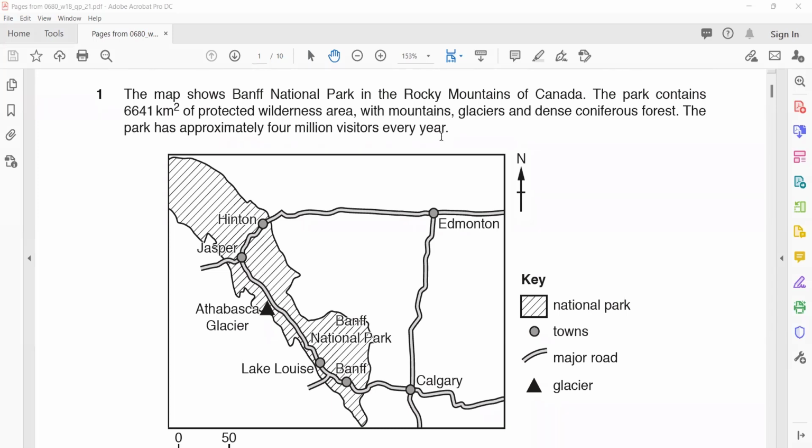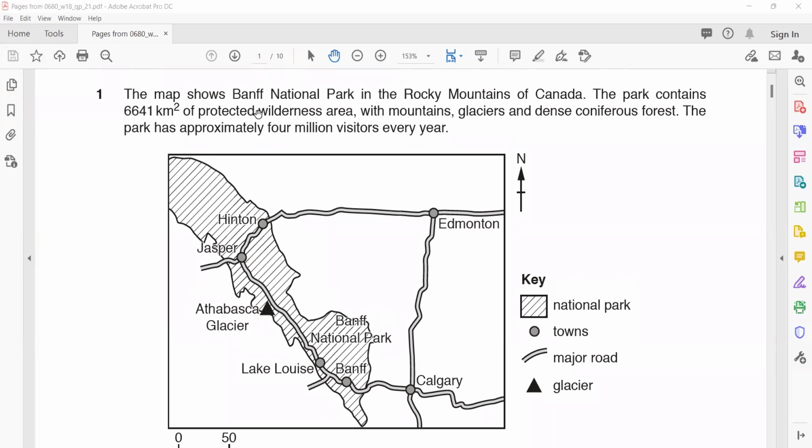Now the question is that the map shows Banff National Park. Banff is in Canada, in the Rocky Mountains. The park contains an area of 6,641 square kilometers of protected area with mountains, glaciers, and dense coniferous tree forest.